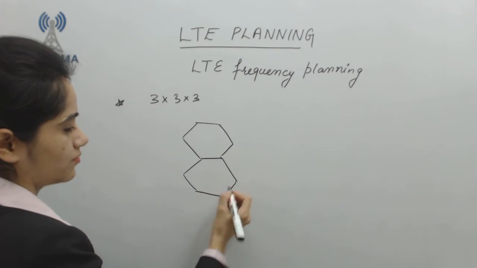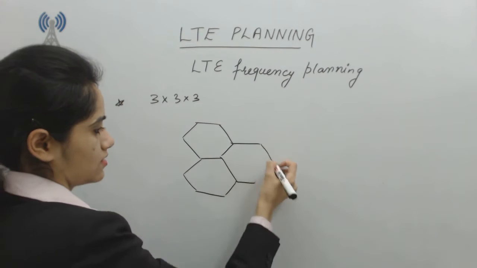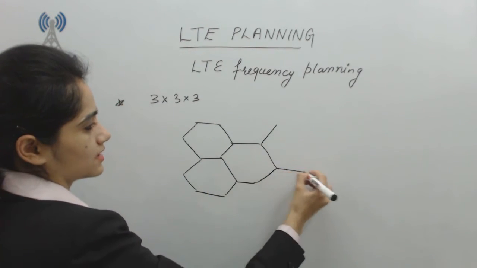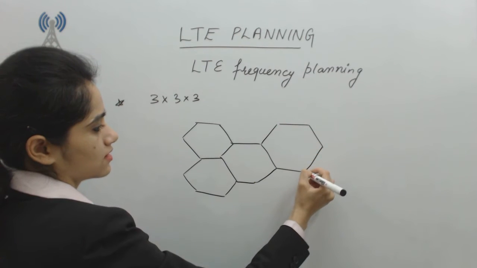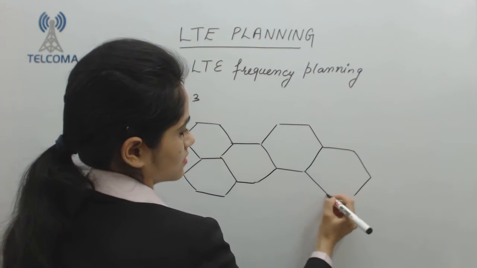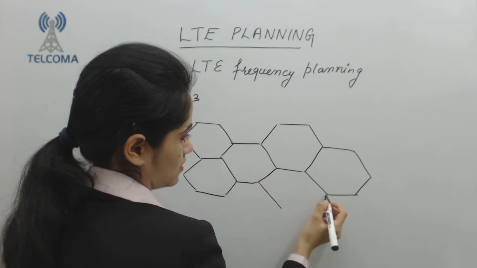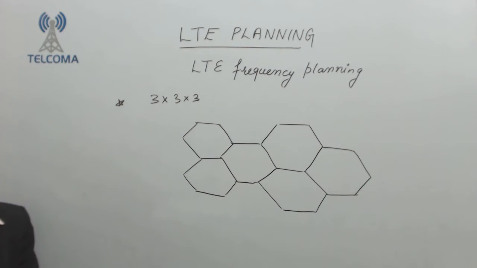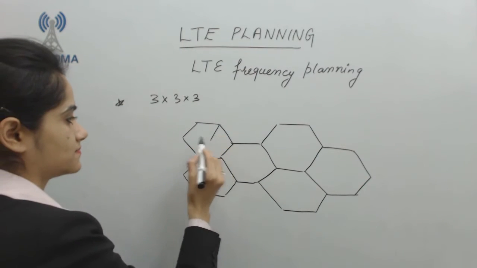Now 3 eNodeBs. Let's say these are the 3 eNodeBs. Then again the next ones are connected. Again I need to draw the three sectors.